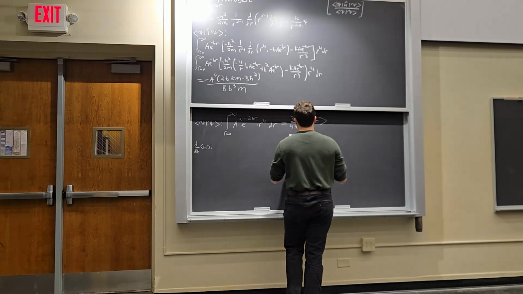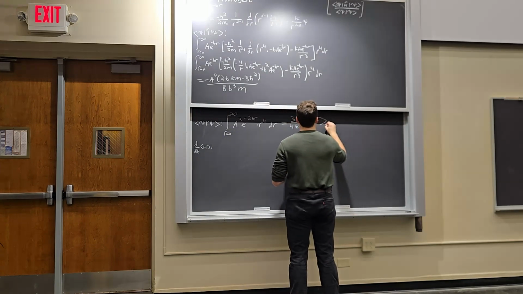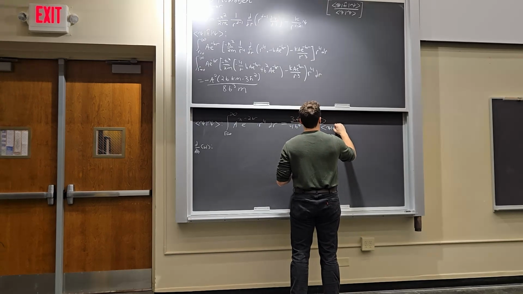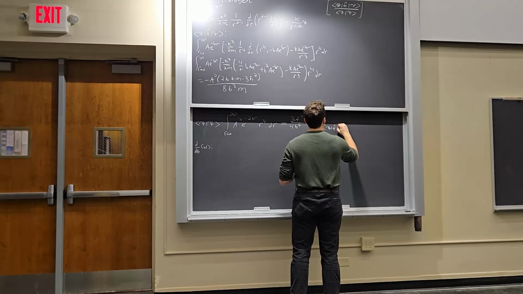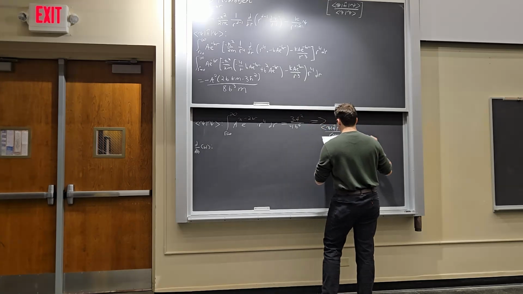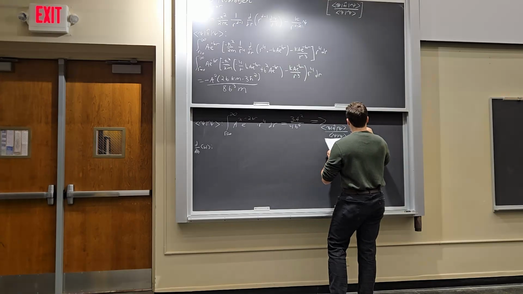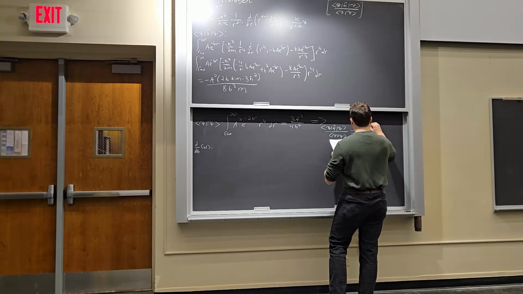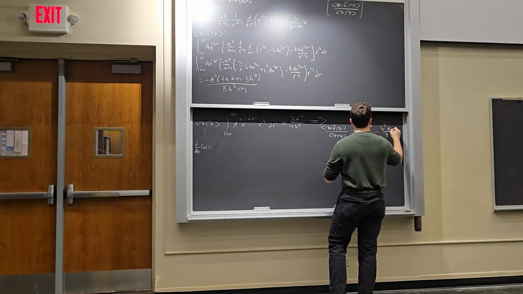So we end up getting that this relationship over here, this whole crux of the problem, is equal to h bar squared b squared over 2m minus b cubed k over 3.